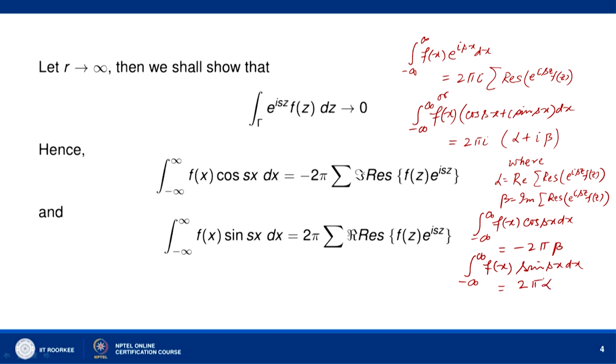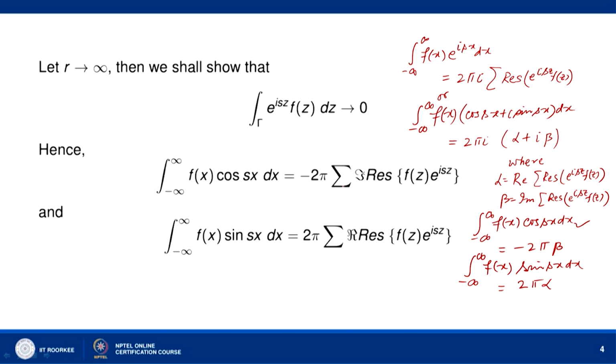Okay. So, the integral over minus infinity to infinity of f(x) cos(sx) dx is equal to minus 2π times the imaginary part of the sum of residues of f(z) e^(isz). Whether we write the imaginary part here or inside, it is the same thing, because we are taking the summation later on.